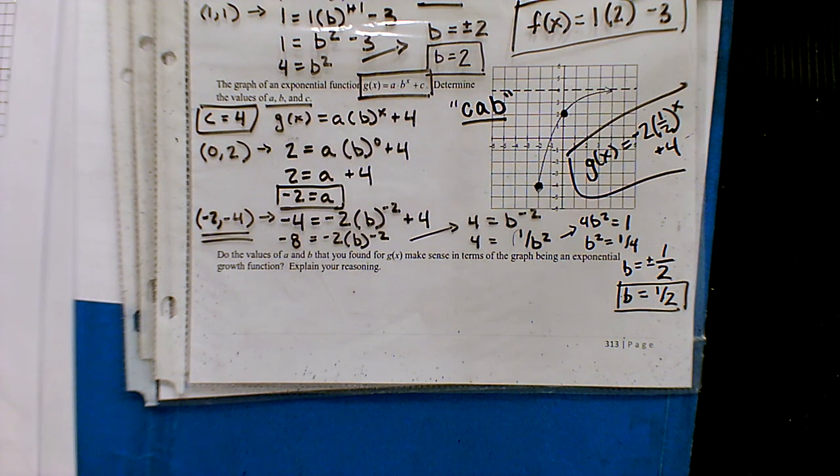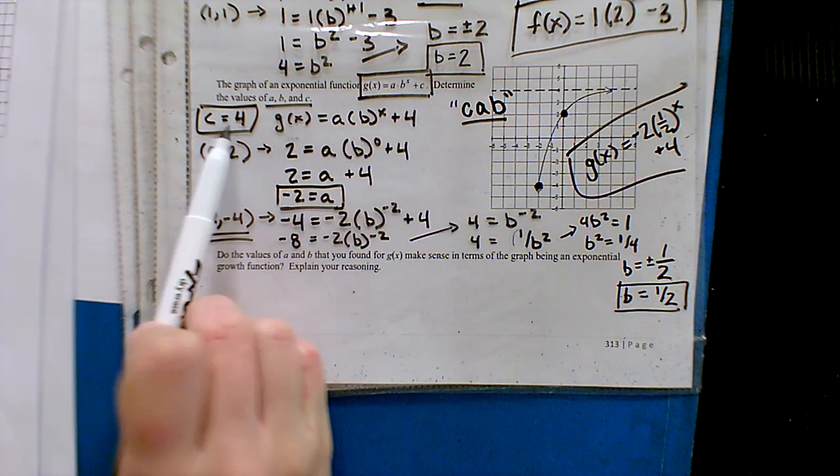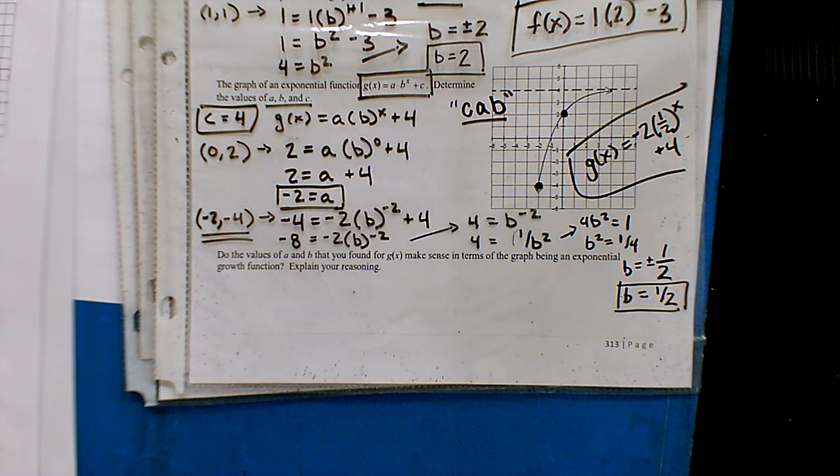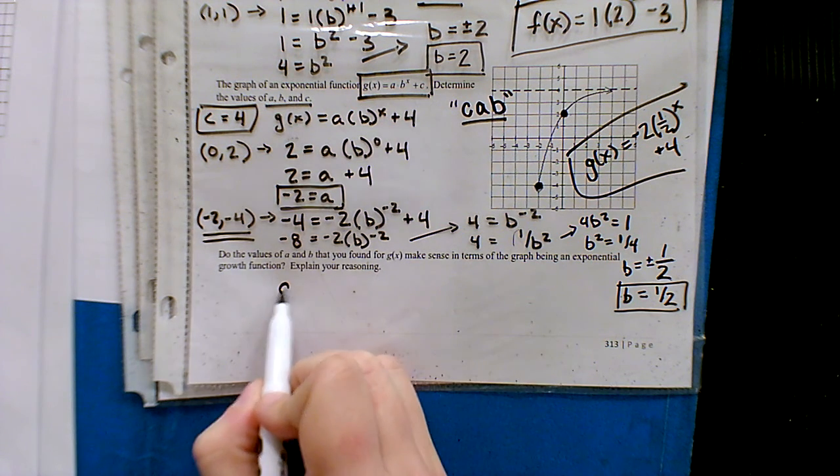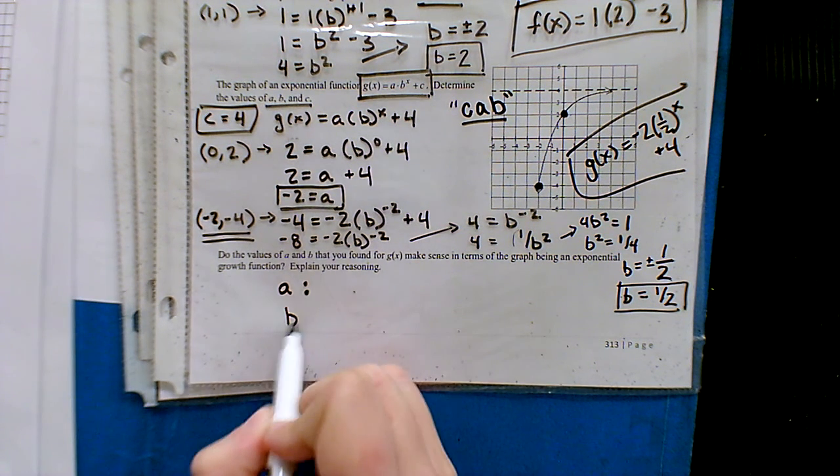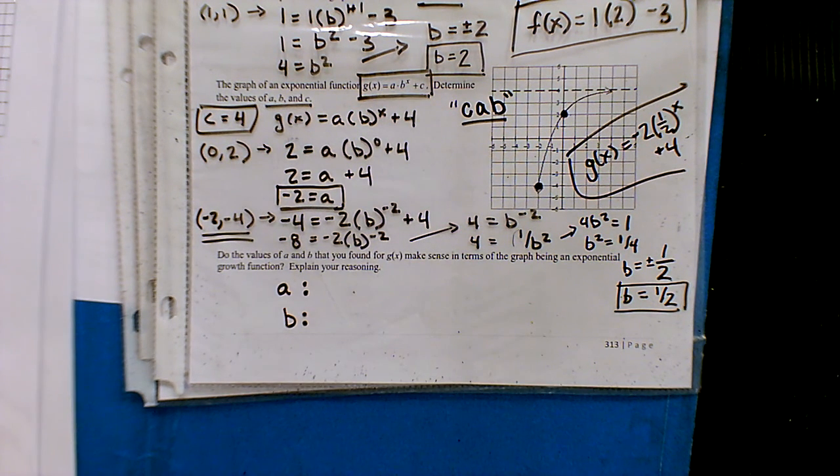All right, can we think about perhaps, we already know the C value is correct based off the graph, that's the horizontal asymptote. Can we maybe reason through why our A value and B value were correct, if they make sense? You gonna keep going, Blair?